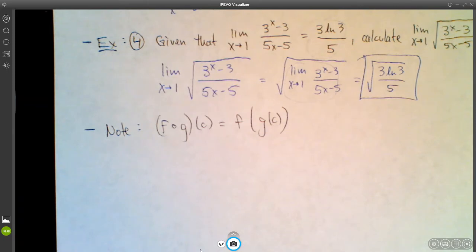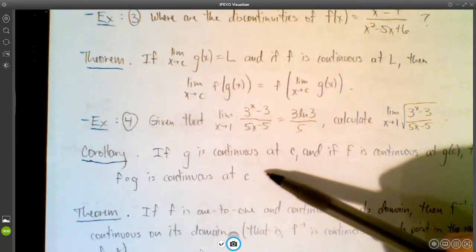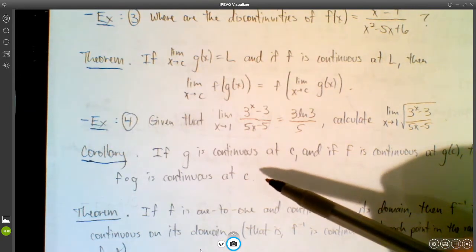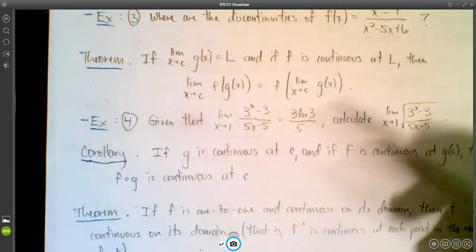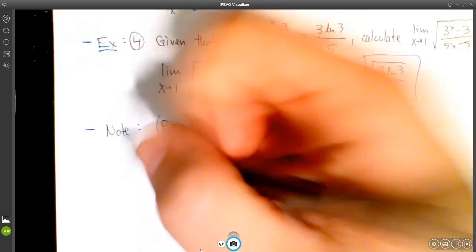That's what that corollary is saying. Maybe a less precise but more understandable way of saying this is that the composition of two continuous functions is a continuous function. So the composition of two continuous functions is a continuous function.